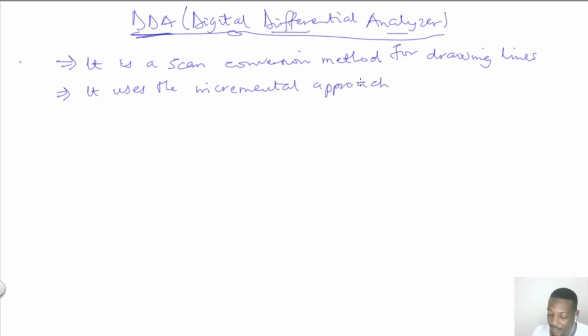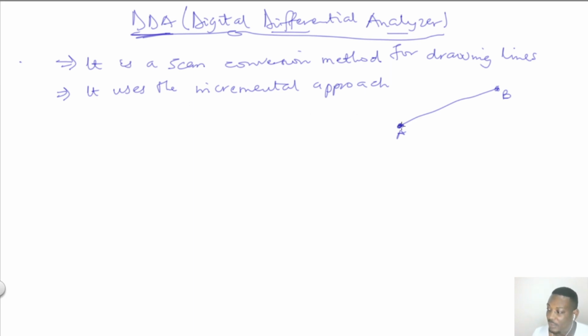Alright, so what do I mean by it's using an incremental approach? Let's take a line segment where we have the starting point of the line, maybe A, and the ending point somewhere here. By saying that it uses the incremental approach, what we mean is that by taking the previous point, the new point is drawn. So from here, this is the beginning point.